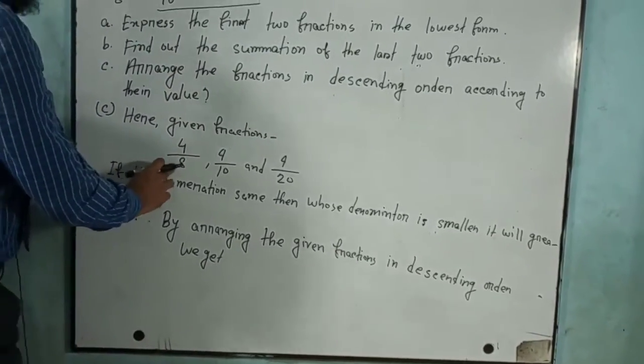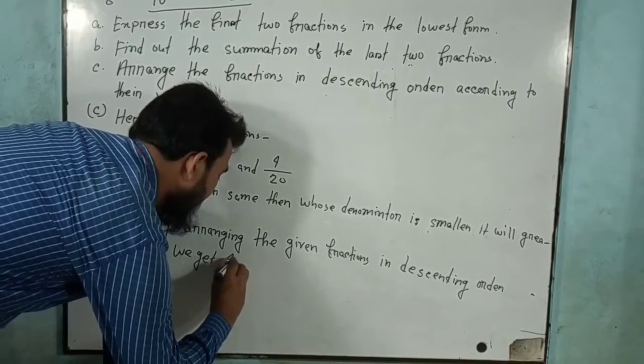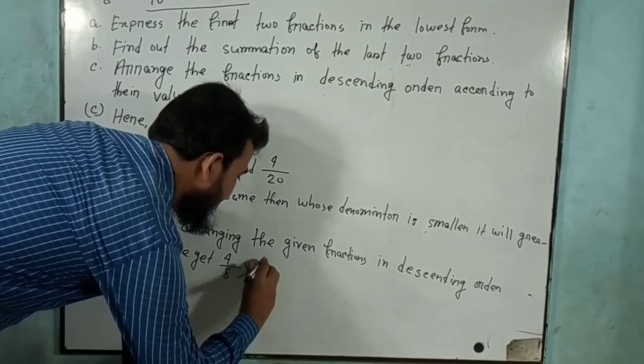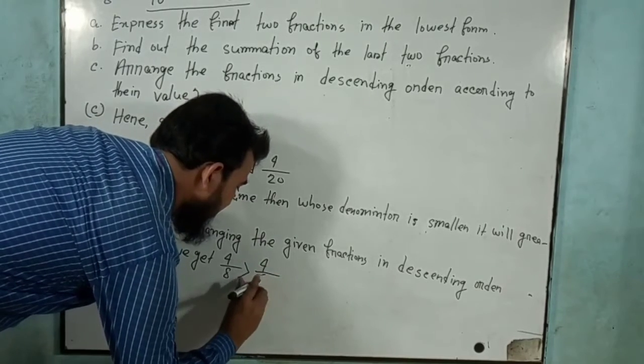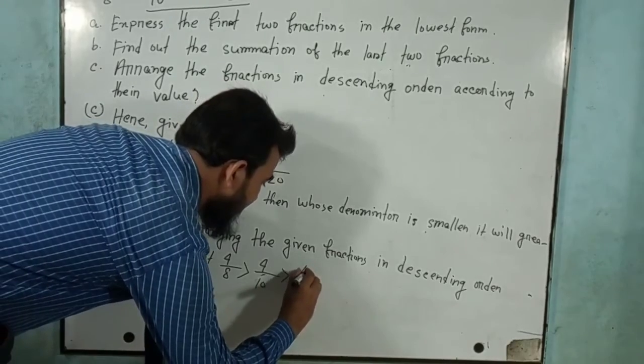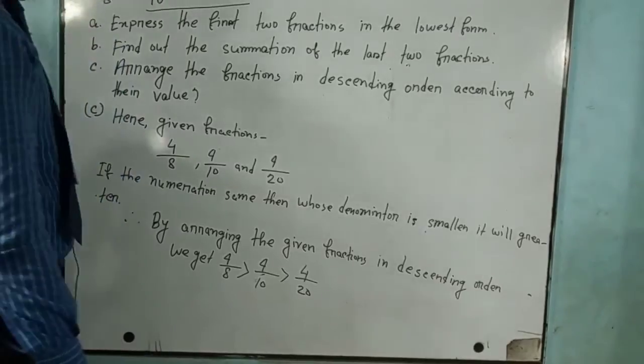This is greater. So we can write this way: 4 by 8 is greater than 4 by 10, which is greater than 4 by 20. I think you can easily understand.